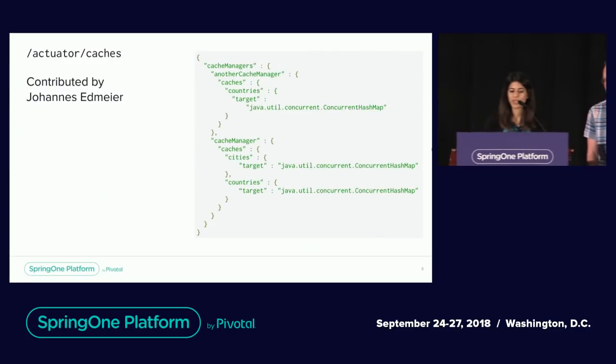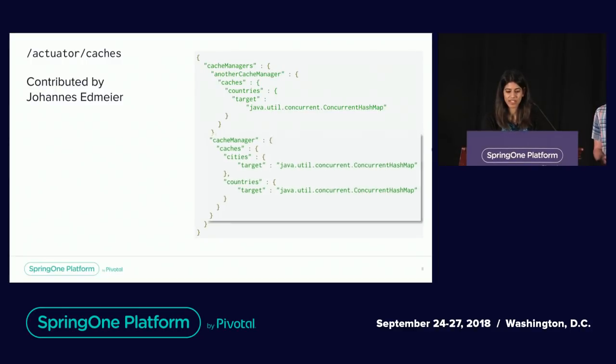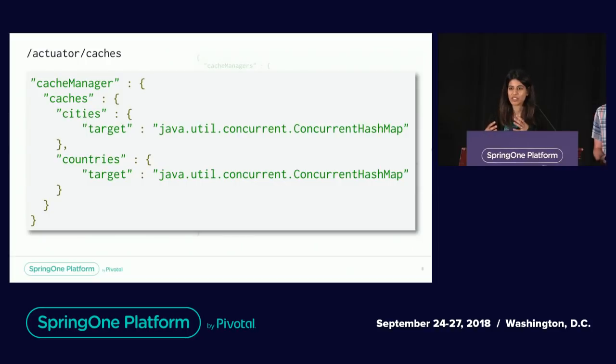And the caches endpoint, as the name suggests, will give you a list of all the caches available in your application. The structure is we have the cache managers at the top level, which are keyed by ID, and under that we have the caches keyed by name. The target is the fully qualified name of the underlying native cache.